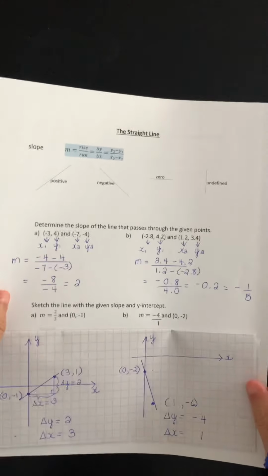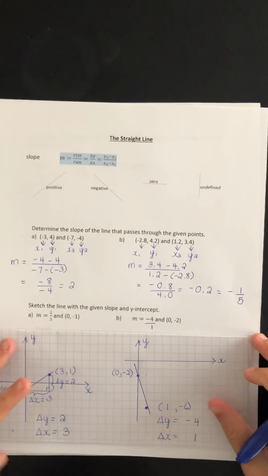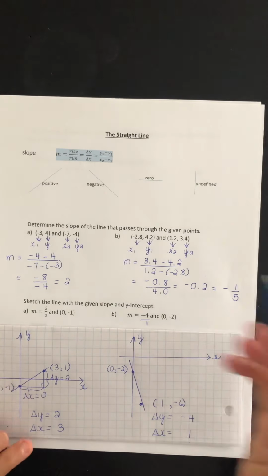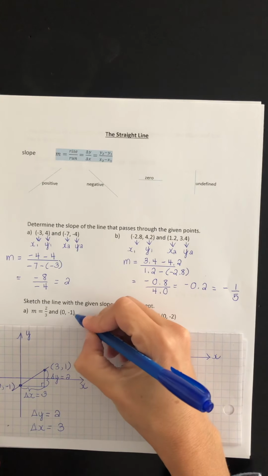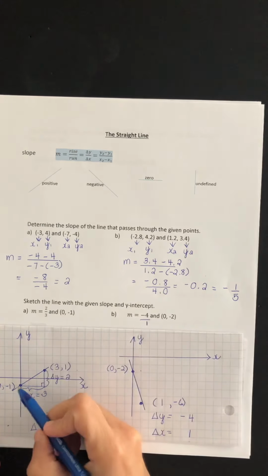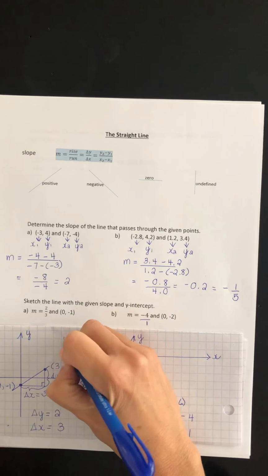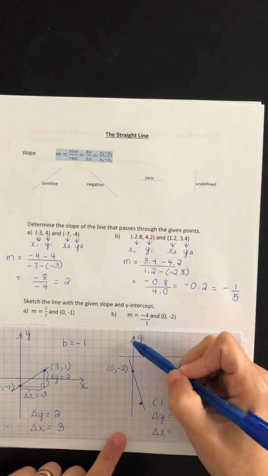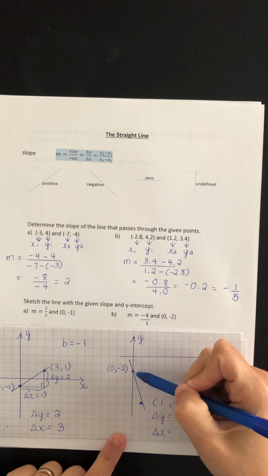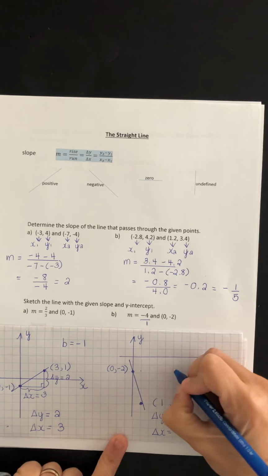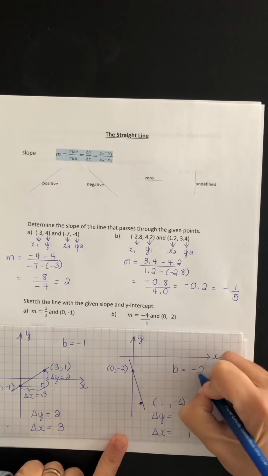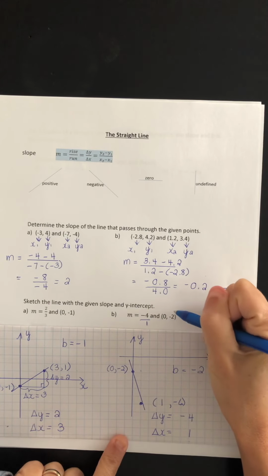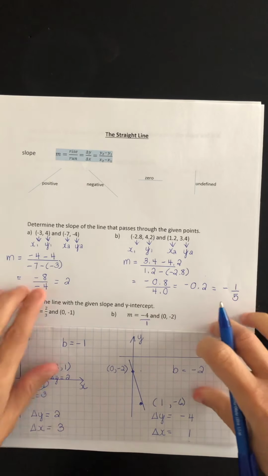Okay, so specifically, in the previous problem, this is the b value right here, -1. You see, -1 is where the line crosses the y-axis. So b is -1. And what about in this problem? The line crosses the y-axis at -2. So the b value is -2. You see it here as well.